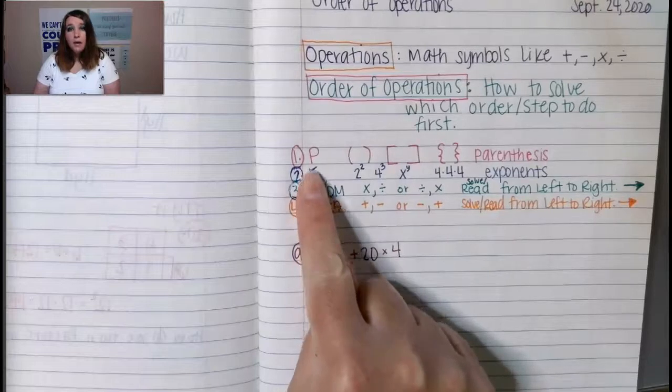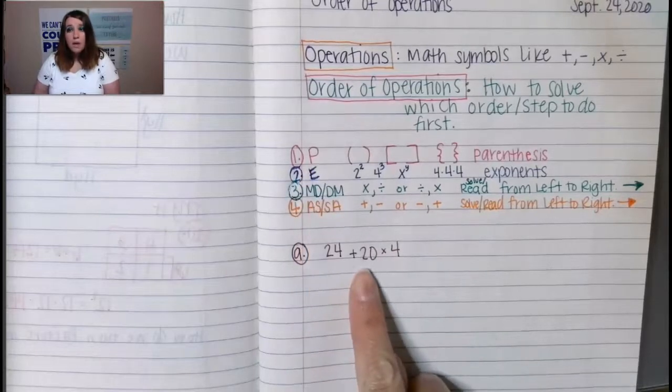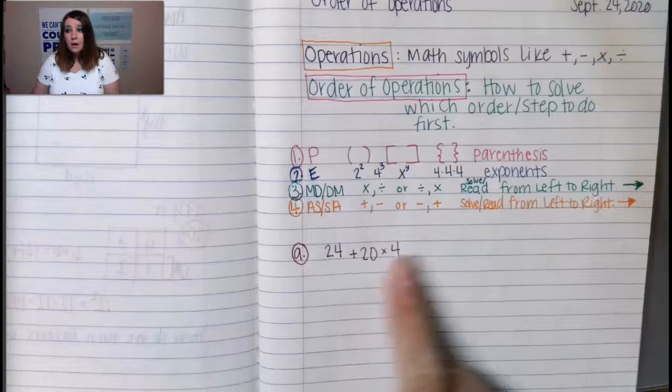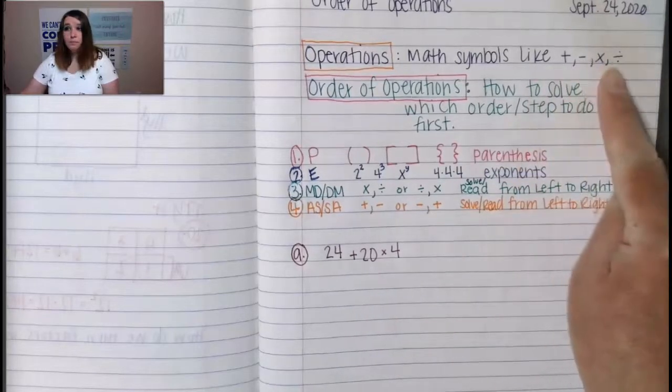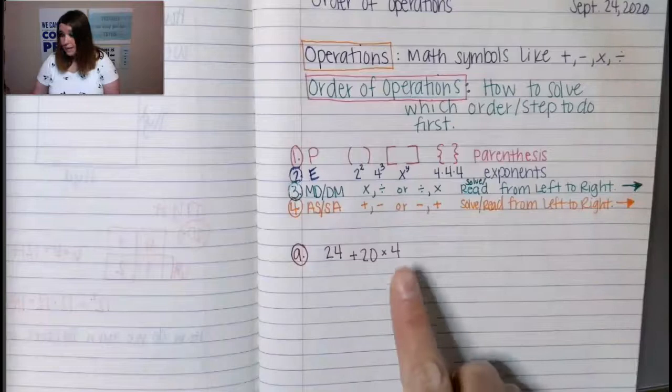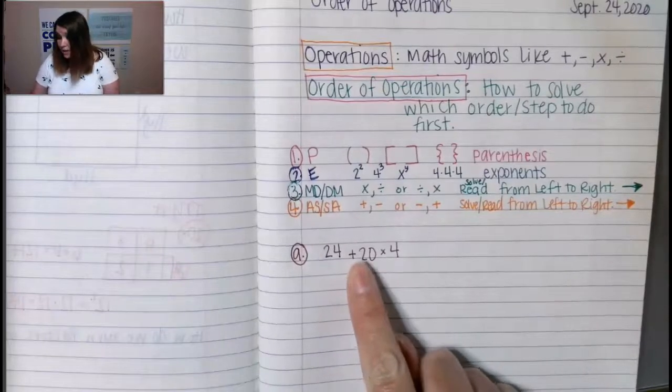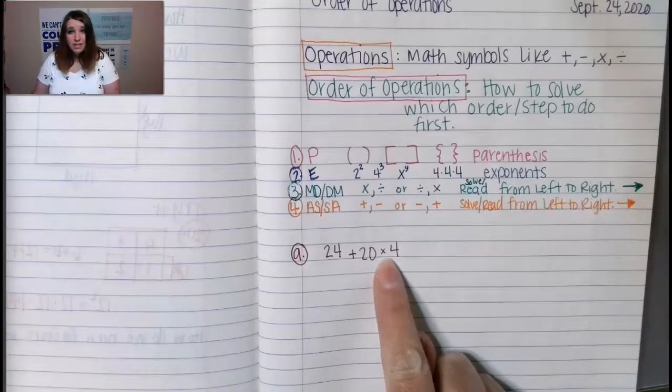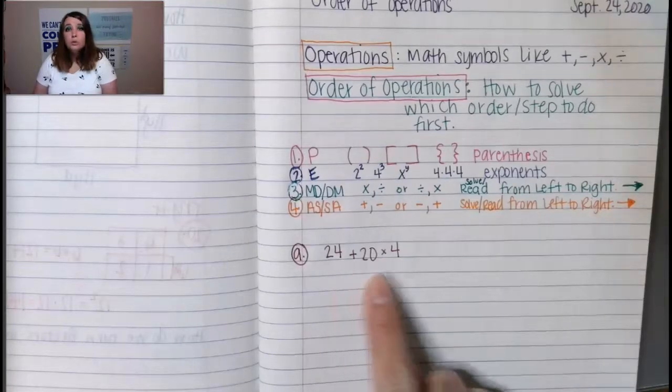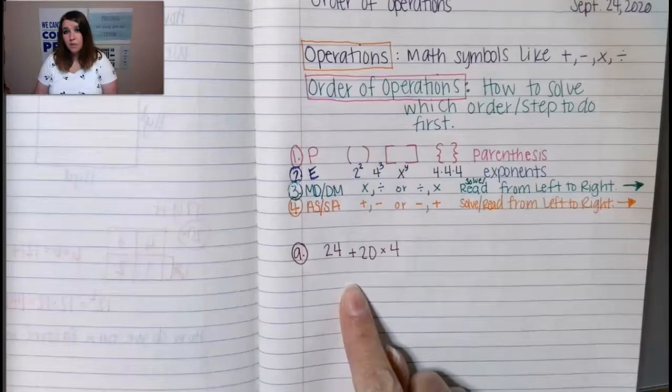And I know that because I see more than one operation. So because I see addition and I see multiplication, I know that I'm going to have to do 2 different steps in order to solve this.